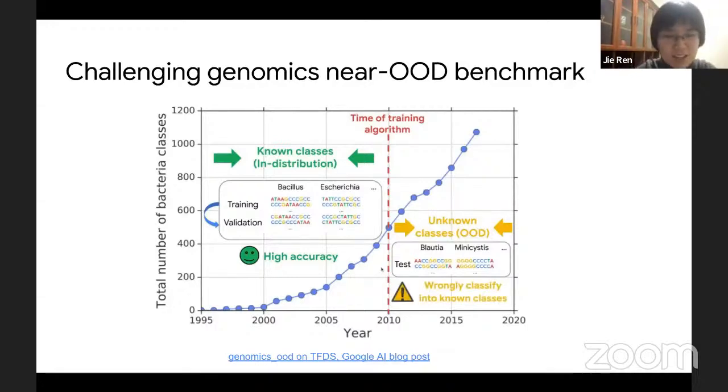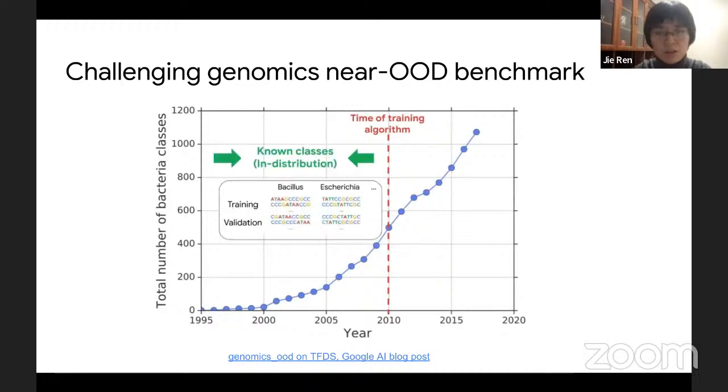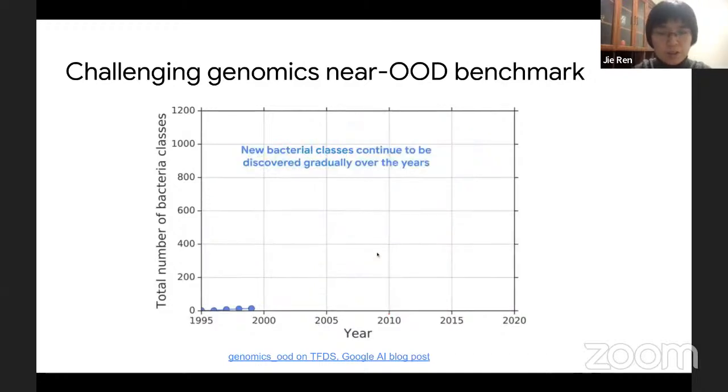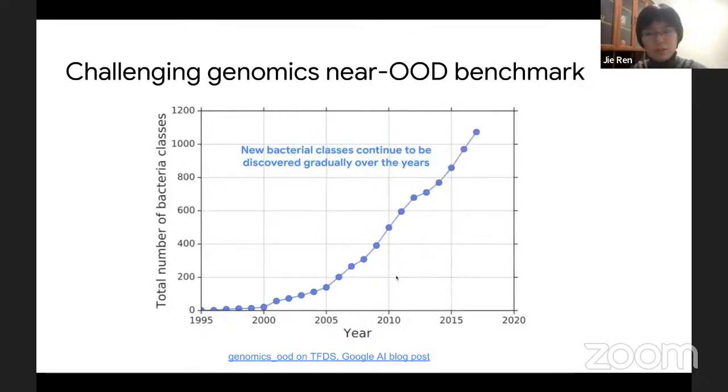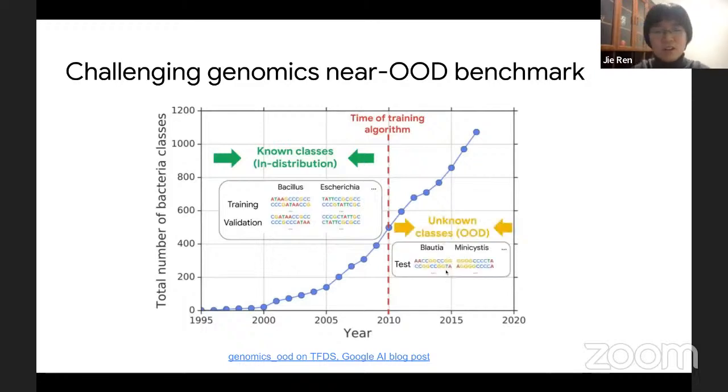Then, to test the pre-training and fine-tuning idea on another data modality, we tested on this challenging genomics near-OOD benchmark. As I introduced previously, this benchmark contains bacteria species discovered before a certain year as in distribution, and the bacteria species discovered after a certain year are treated as out of distribution.